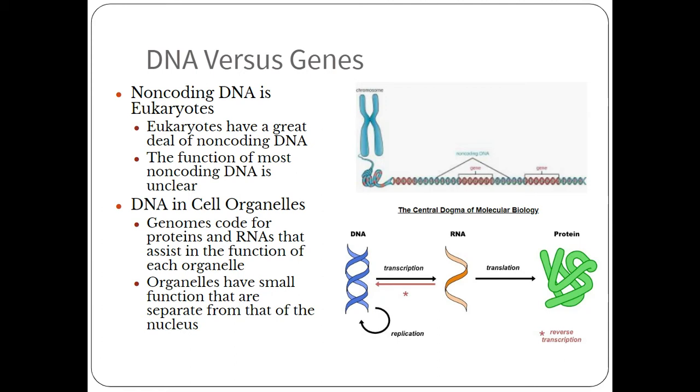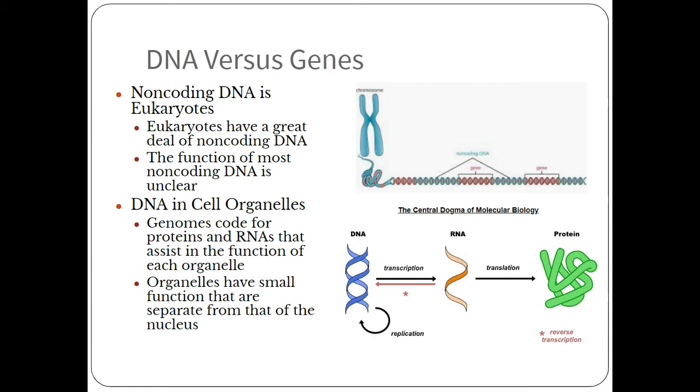It's kind of nice. However, in eukaryotes, there's something a little bit different. We talked about this a little earlier. We have the coding sections and the non-coding sections, the exons and the introns. And so the function of most of the non-coding DNA is really unclear. We know it's like a space holder, but we're not really sure why it's a space holder.